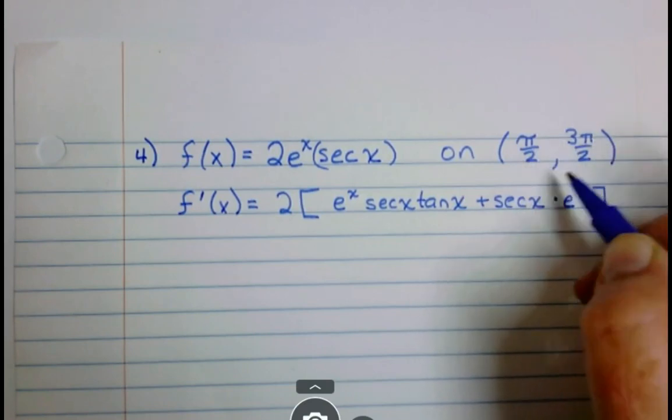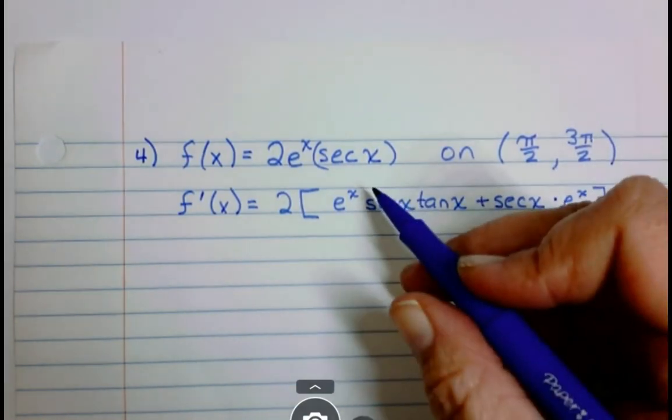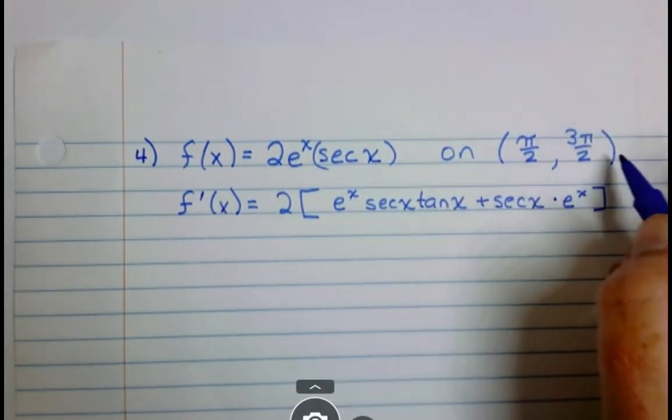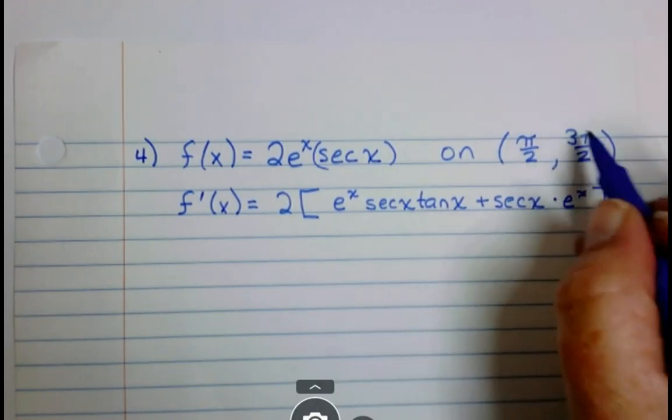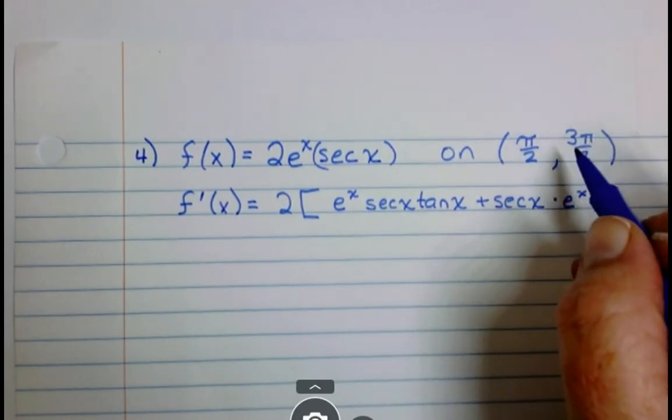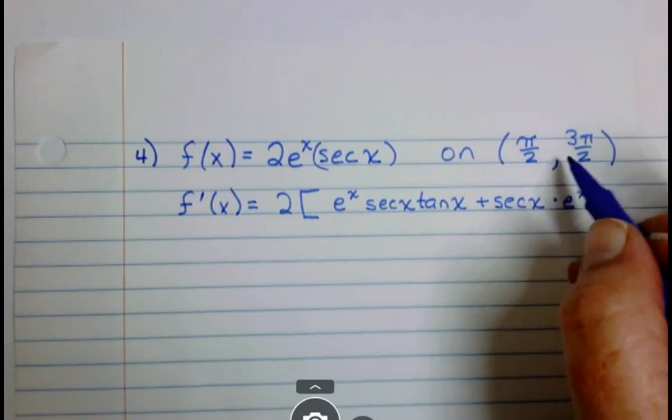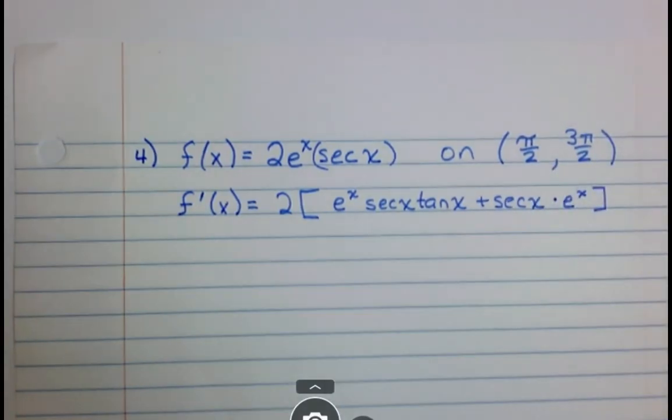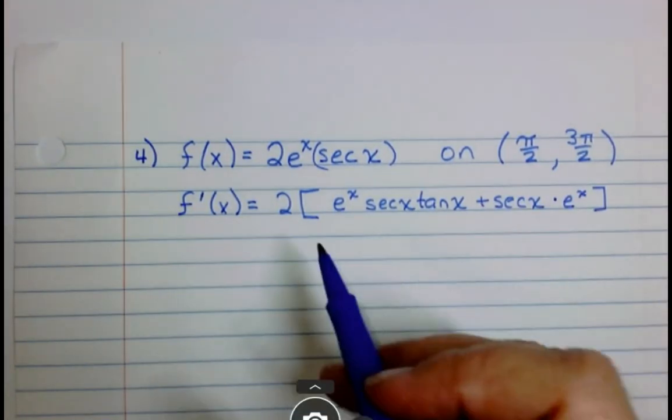And notice it's an open interval because secant is undefined at the pi over 2's. Also, the tangent that we have in our derivative is undefined there. So let's just look at the defined part. I mean, we could do it on infinity, but this is easier.